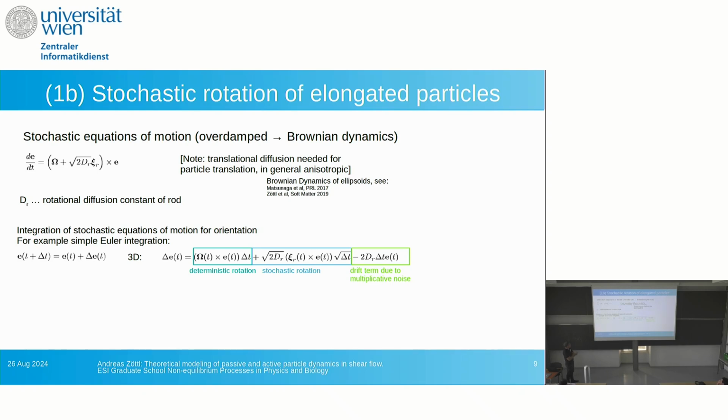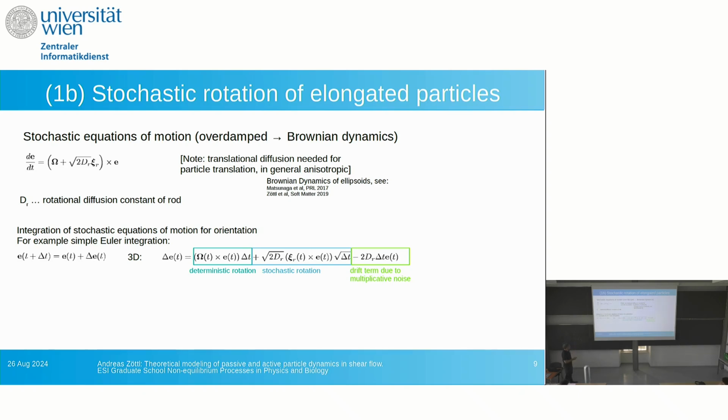It consists of three terms essentially. The first one is just the deterministic rotation. The delta E is omega cross E times delta t. And this is how you do simple Euler integration.